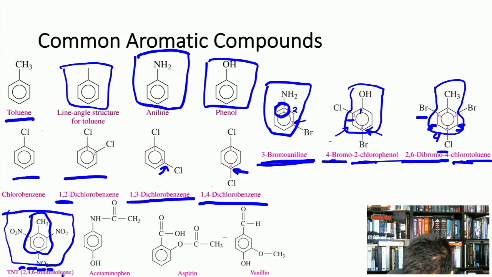Here's acetaminophen, which is Tylenol. That's its common name. But again, we have toluene here. And the substituent connected to the toluene is this group right here, which I do not know off the top of my head.